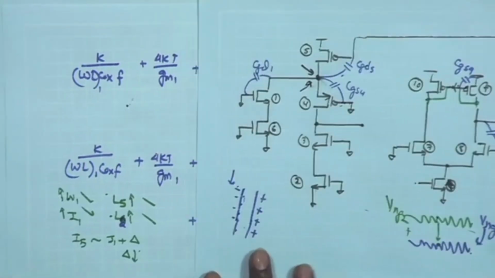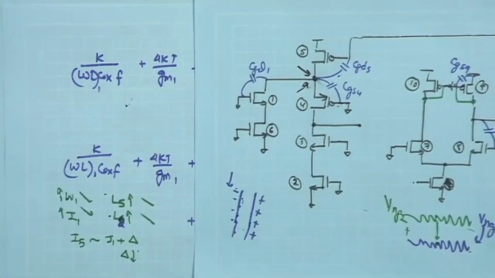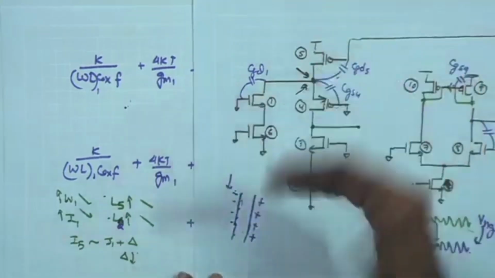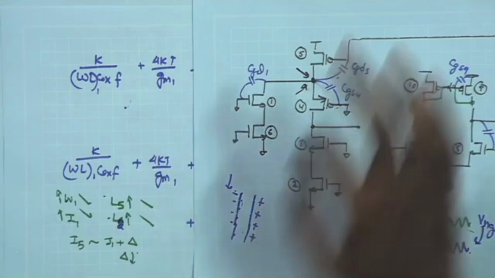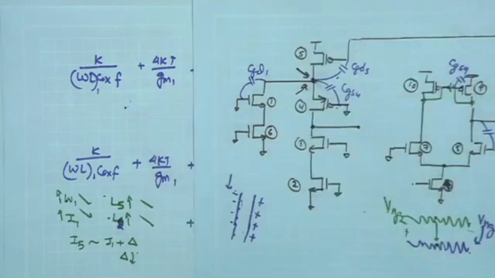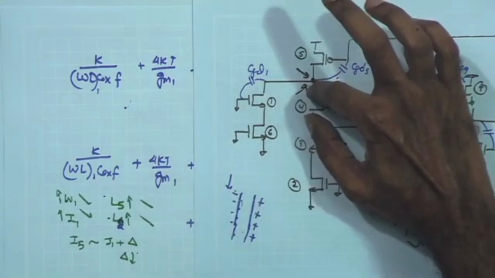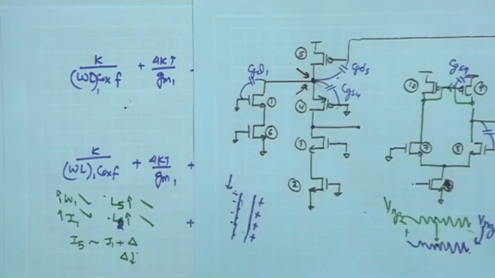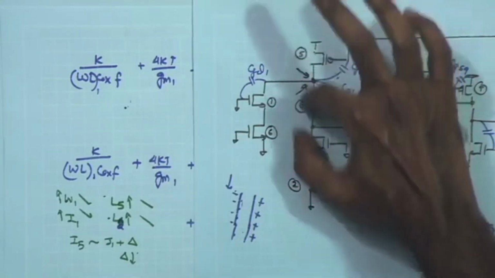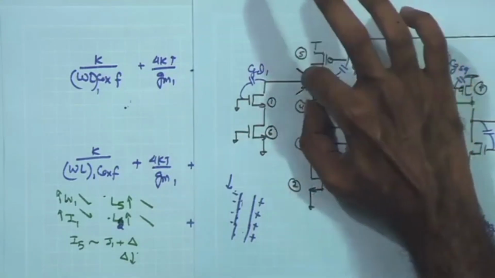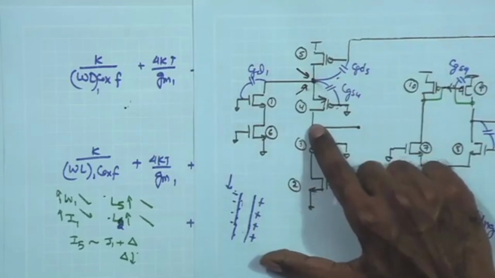And another issue that we also figured out is the conflict between the swing and the gain and the noise. So, if you are going for low noise design, then once again you are targeting larger L for M5 and smaller W by L for M4, and that means that you are going to have significantly larger overdrive voltages for M5 and M4, and that is going to reduce my available swing over here.